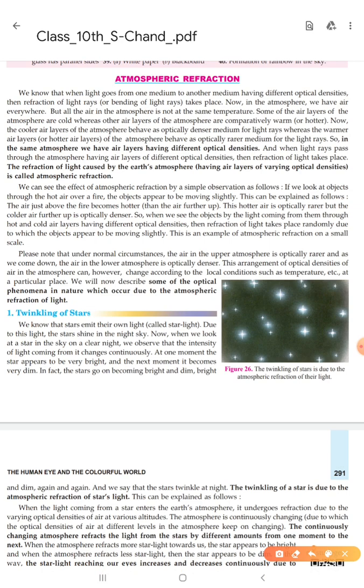And this atmosphere is continuously changing, due to which the optical density of air at different levels keeps on changing. If optical density is regularly changing, then sometimes it acts as a rarer medium and sometimes it acts as a denser medium. So the light refracts from this atmosphere by different amounts from one moment to the next.